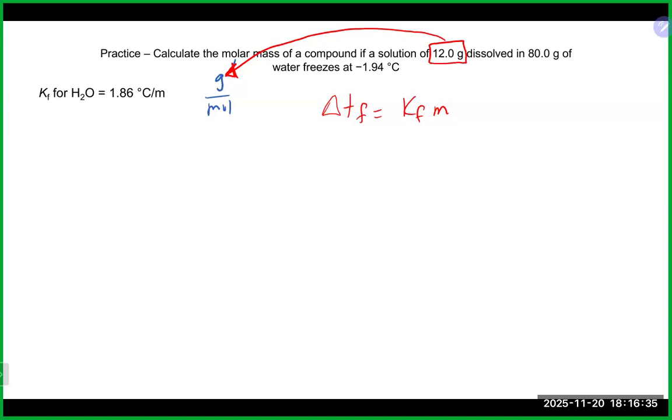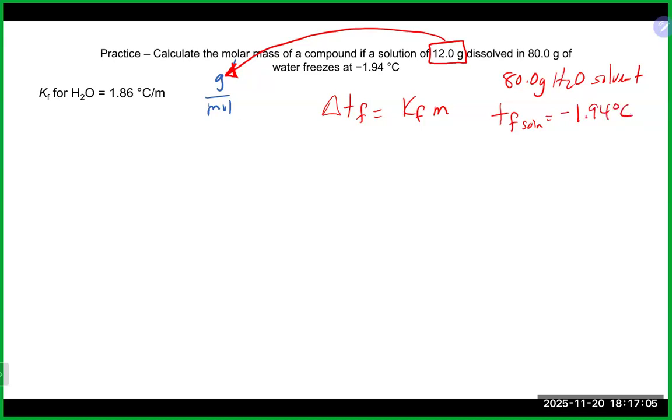And in this particular case here, it's dissolved in 80 grams of water, which is our solvent. And we have our Kf value given to us there at 1.86. So that is our freezing point temperature of the solution, which is minus 1.94 degrees Celsius.